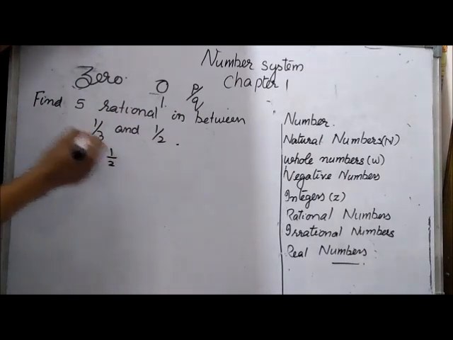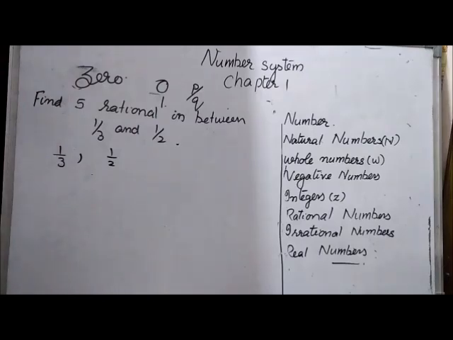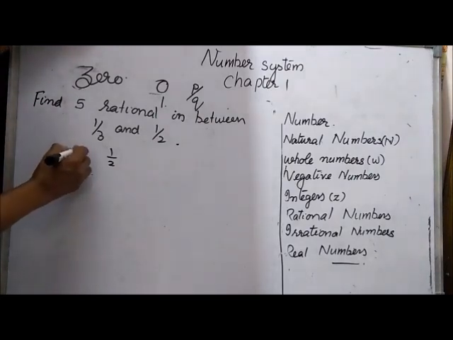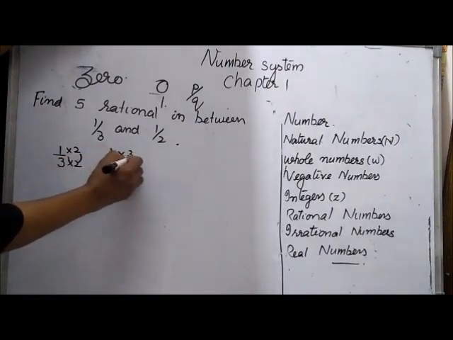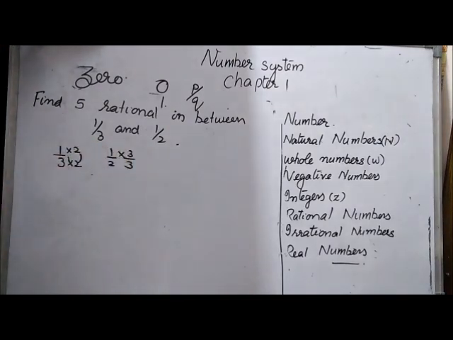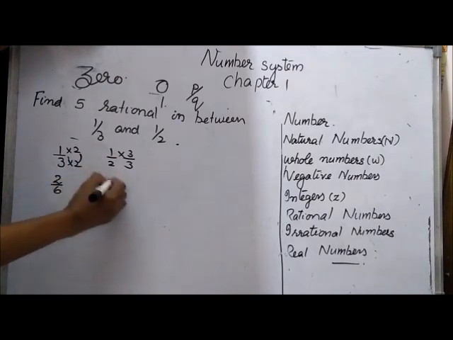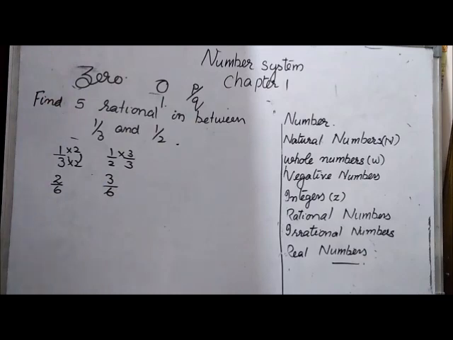First, convert these fractions into equivalent fractions whose denominators are the same. Here we multiply by 2 by 2, and here by 3 by 3. Then 1 by 3 and 1 by 2 become 2 by 6 and 3 by 6.